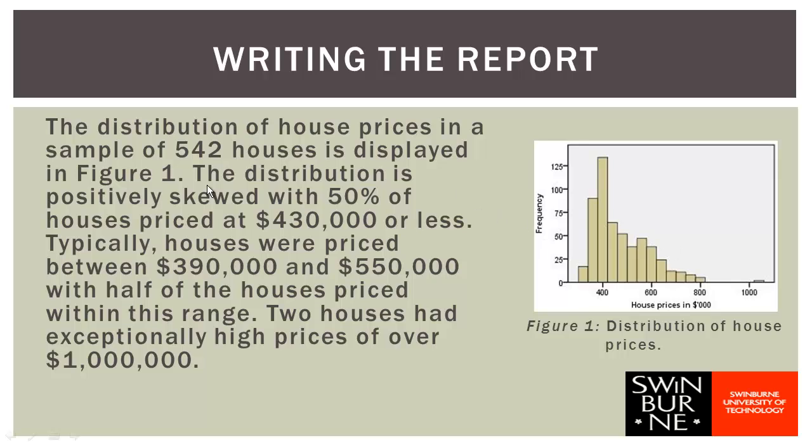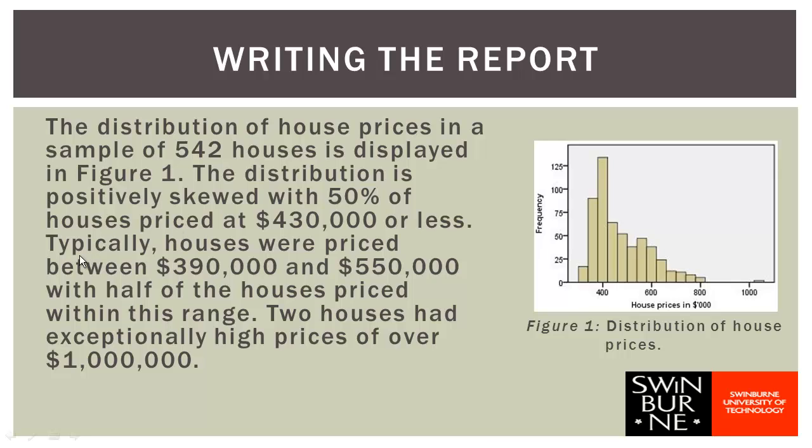So then we go on and we describe the shape of the distribution. The distribution is positively skewed, and we report the median. We don't just say the median was $430,000, we interpret the median. 50% of houses were priced at $430,000 or less. We then report the first and third quartiles, but again we don't say the first quartile was and the third quartile was.